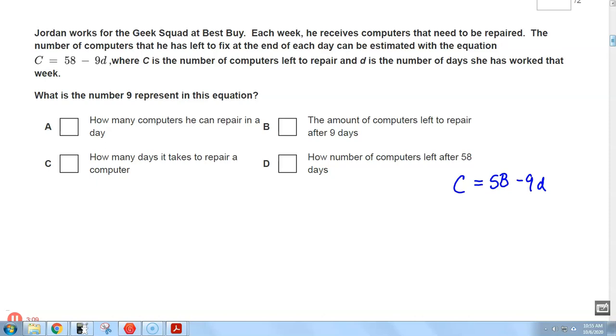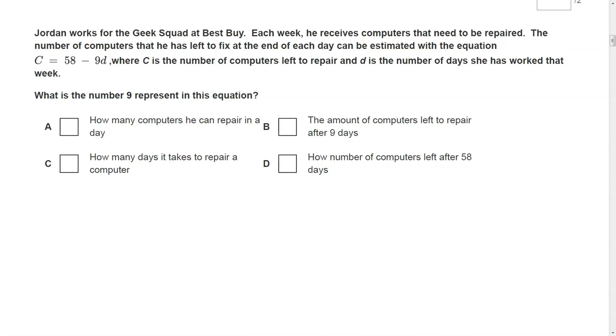So it looks like 9 computers can be repaired in a day. Because in our little chart with the D and the C, we're at 0, 58. Then at 1 day we were down to 49. At 2 days we were down to 40. So the 9 represents how many computers are being repaired.